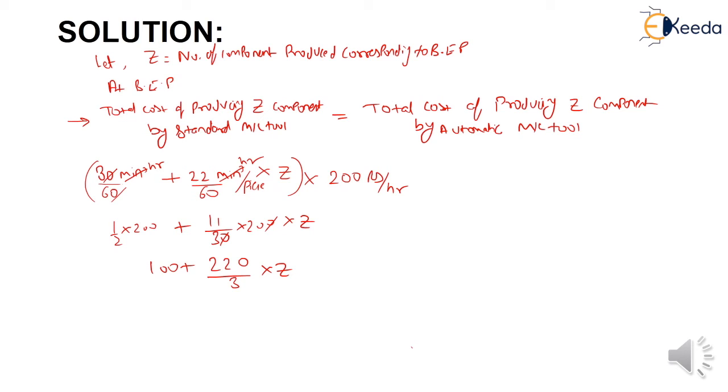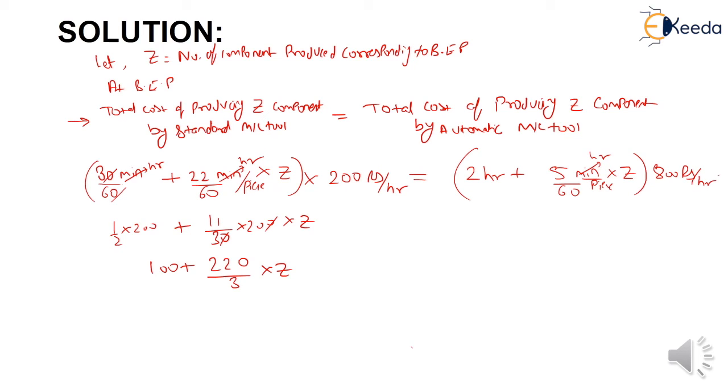Similarly, calculate the total cost of producing Z components by the automatic machine tool. What is the setup time? It is 2 hours, plus machining time of 5 minutes per piece, and Z pieces produced. It is in minutes, so convert into hours and multiply by the machining rate. What is the machining rate of the automatic machine tool? It is given in the question as 800 rupees per hour.